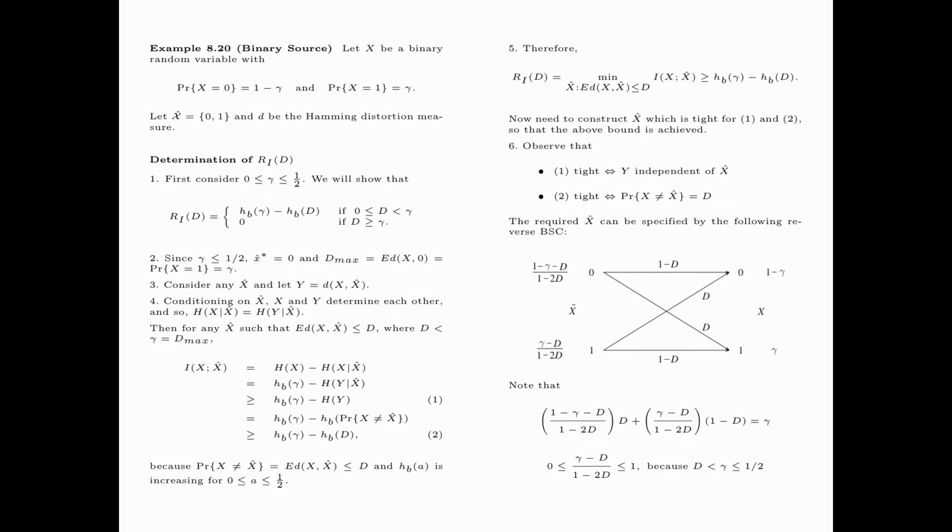We also need to verify that the input distribution is a proper distribution, namely that (gamma minus d) divided by (1 minus 2d) is between 0 and 1, and this follows because d is less than gamma, which is less than or equal to 1/2. The details are given in the textbook.